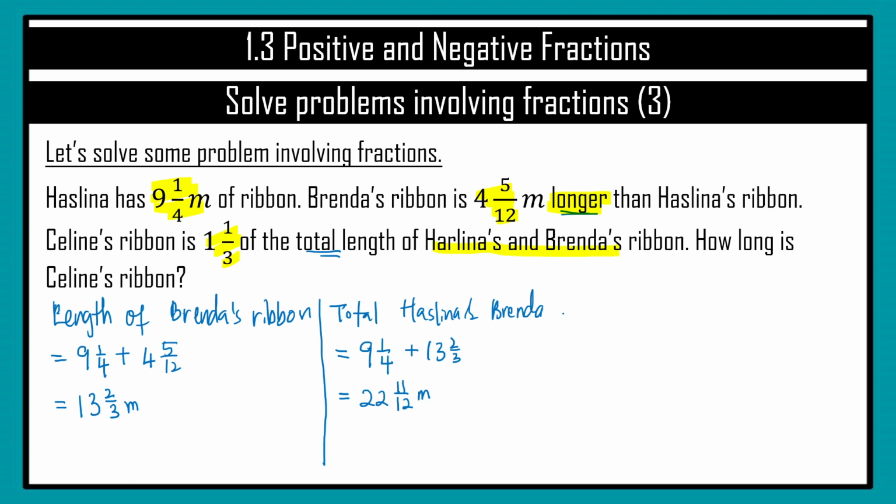So Celine's ribbon, we only want this one, is 4/3 of the total. So it's 22 11/12 multiplied by 4/3.